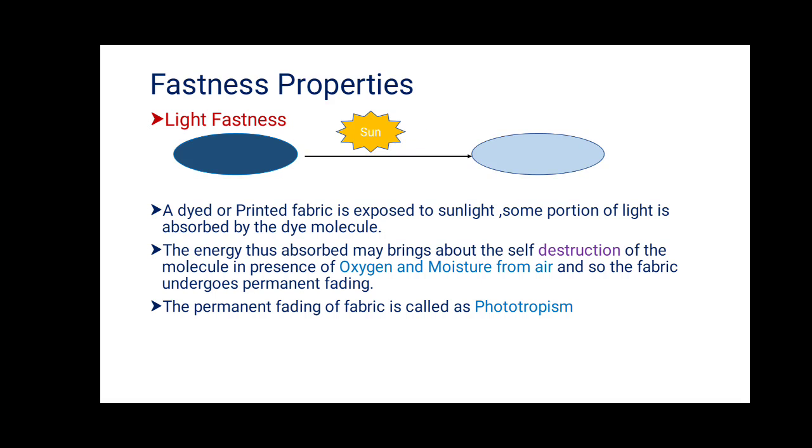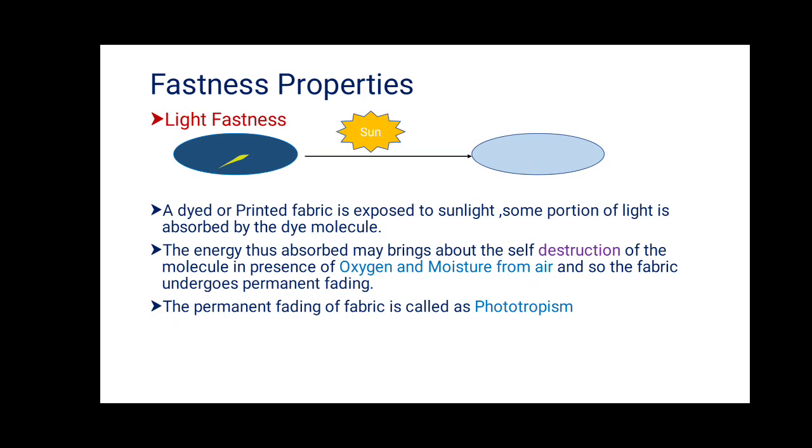Some changes take place, and fading of color means to lose the brightness, to become dim. A cloth having a dark color, when we expose it to the sunlight or dry it in the sunlight, loses its brightness, or the cloth becomes dim.